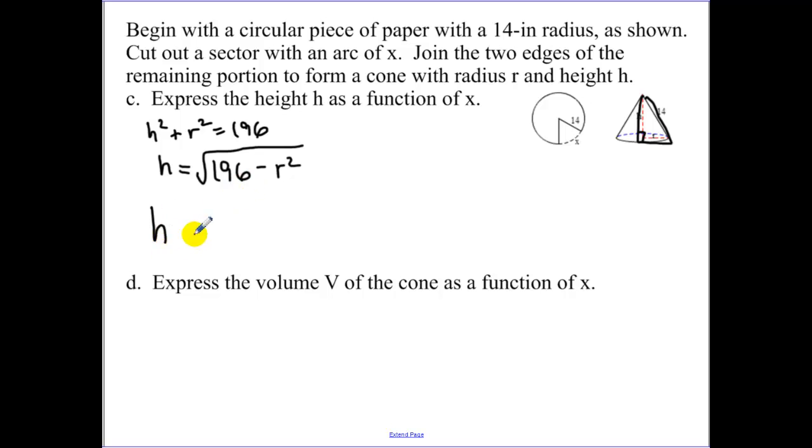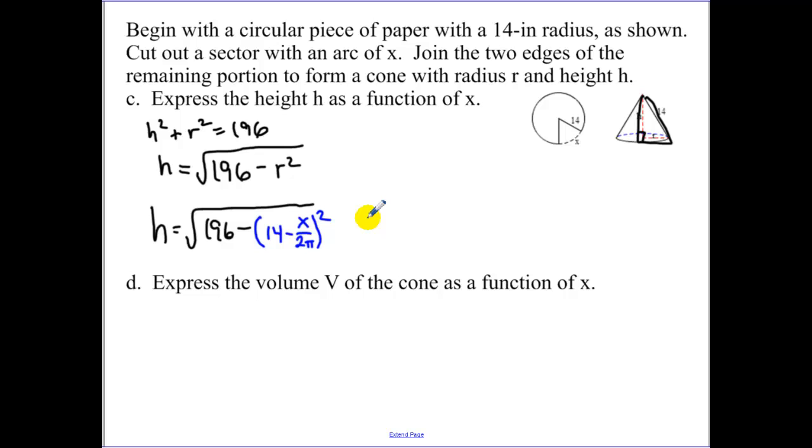Now h needs to be a function of x, so I need to get rid of this r squared. Well, we just found an expression for r. So r squared, r we said was (14 minus x) over 2 pi. So then from here, we're going to simplify. And I want you guys right now to take a minute, stop the video, and simplify. I'm not going to go through the simplification steps for you guys.